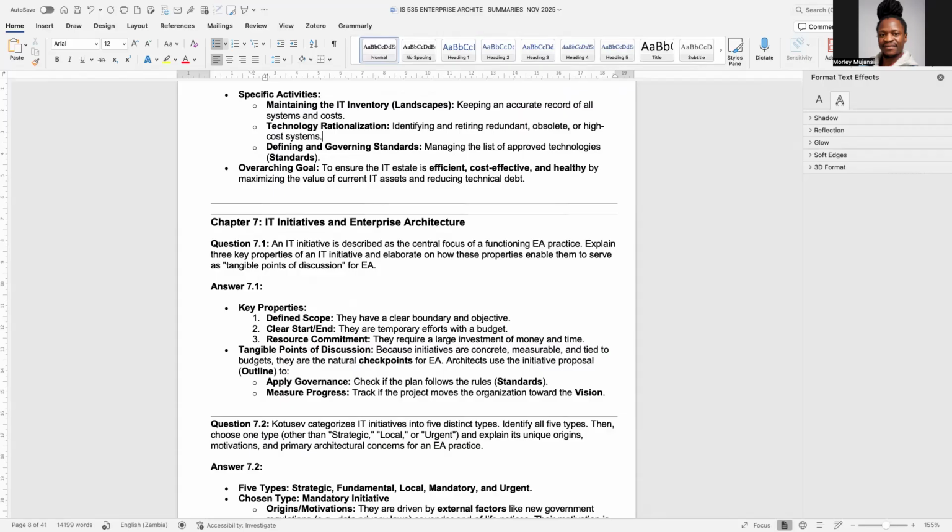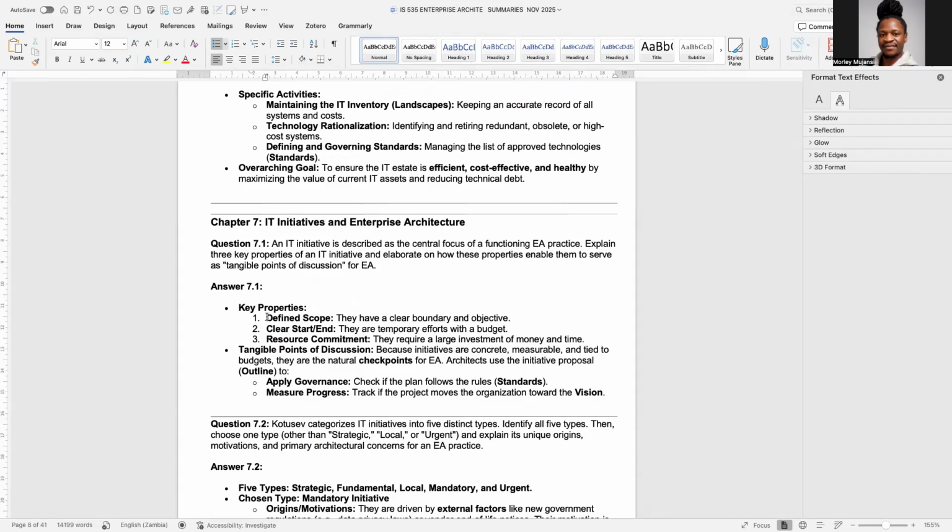and ensure the project moves the organization towards the desired vision. Okay, so really when this question comes up, where an IT initiative is described as the central focus of a functioning practice, what are the key properties of an IT initiative, and elaborate on how these properties enable them to serve as tangible points of discussion.